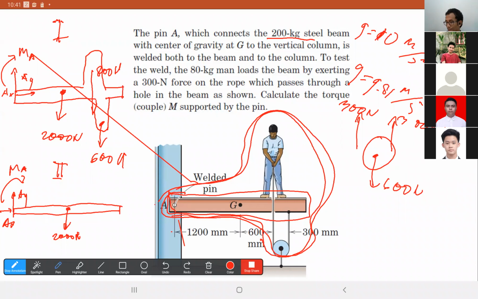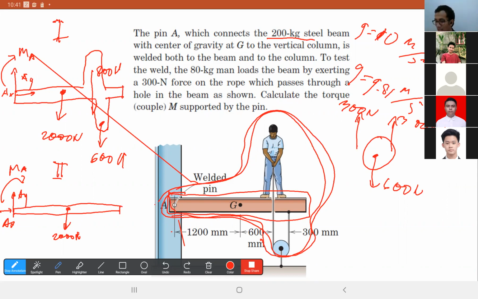Kontak antara orang sama si beamnya itu akan ada gaya atau tidak? Kan ini saya meninjau si beamnya. Ada, sir. Besar gayanya 800 ke bawah sama 600. 600? Enggak dong kok 600.